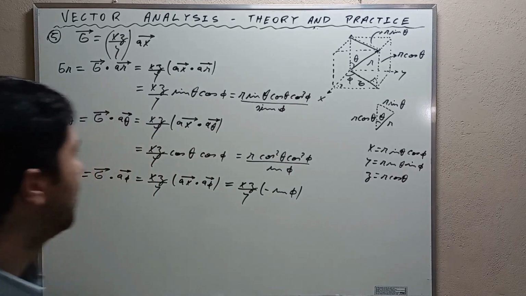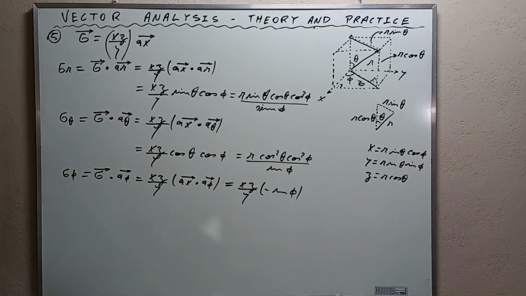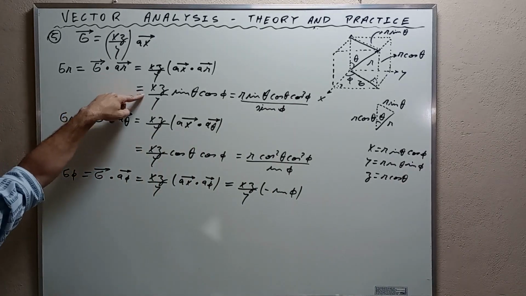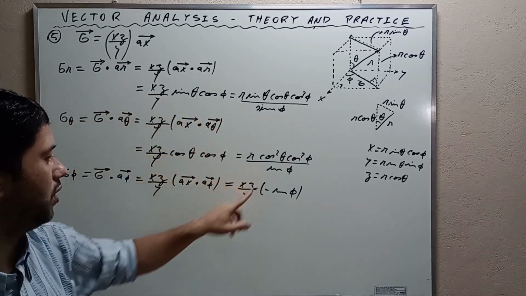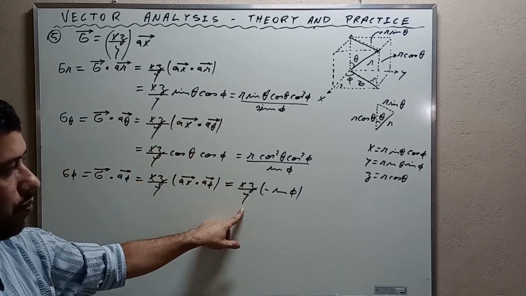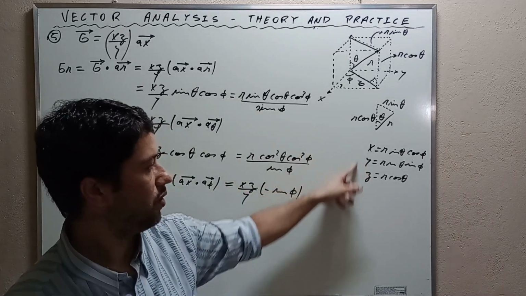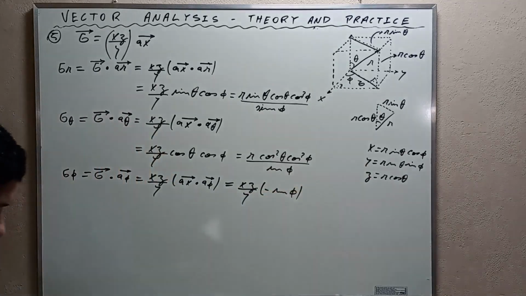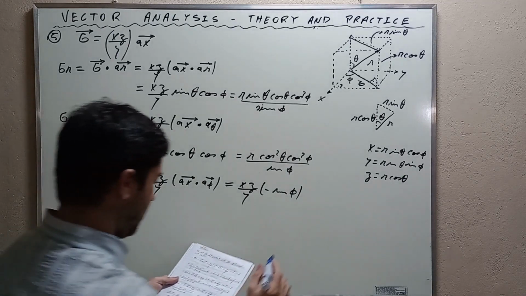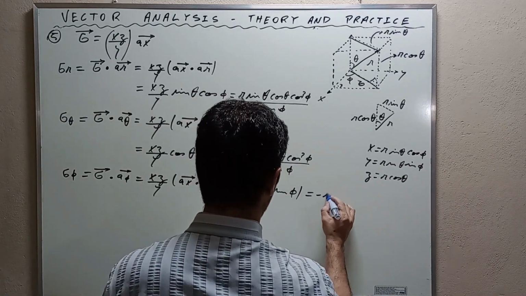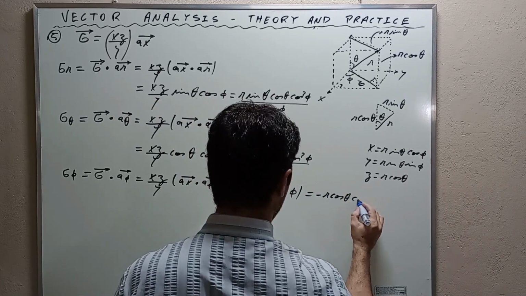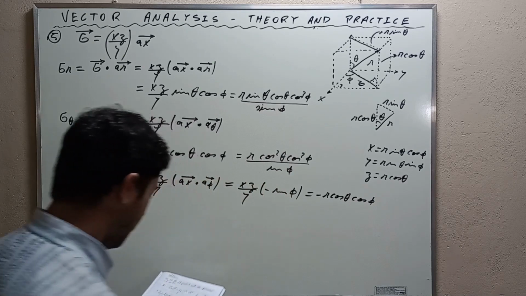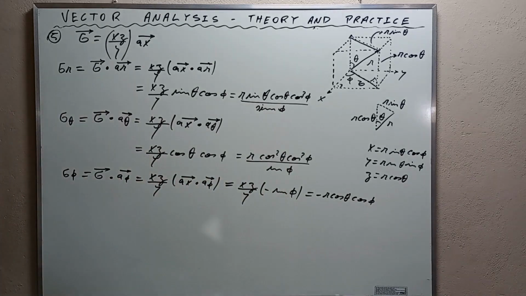Okay? I'm going to give you this tip to go from here to here, and from here to the next step. Use this, okay? This is how you are going to substitute. And then we find negative r cosine theta cosine phi. Okay?